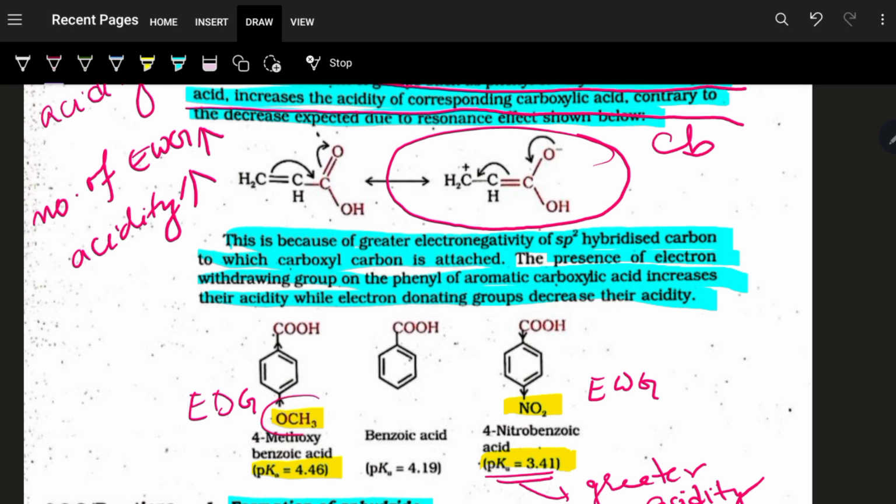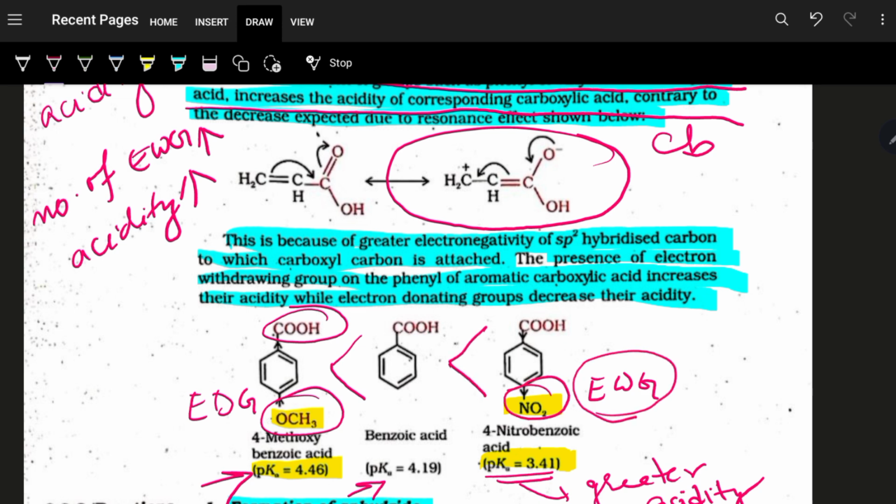It reduces the acidic strength of COOH because it increases the electron density over COOH. So this is less acidic, having a greater pKa value than that of benzoic acid, which is again less acidic than nitrobenzoic acid, which has an electron withdrawing group and a lesser pKa value. So this is the reason which we have talked about.